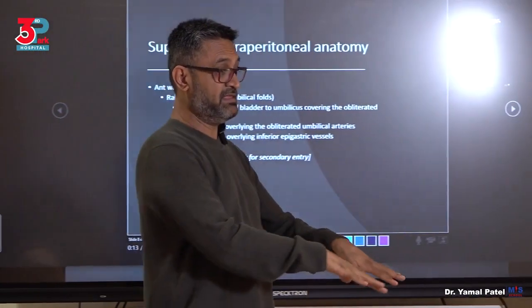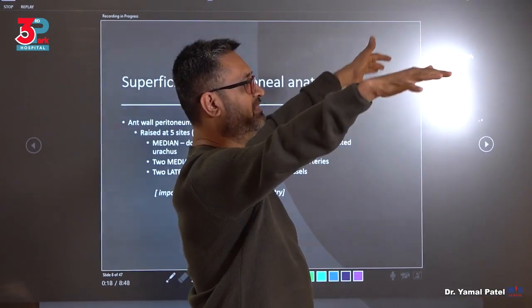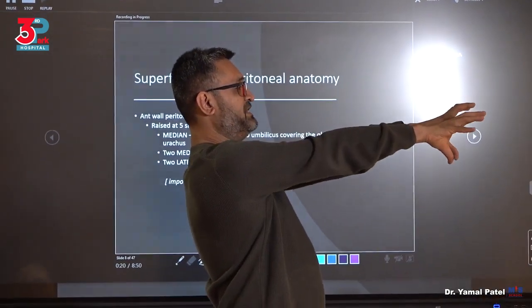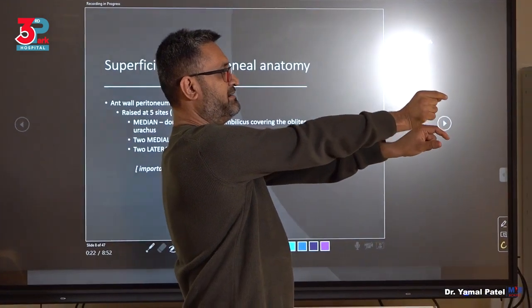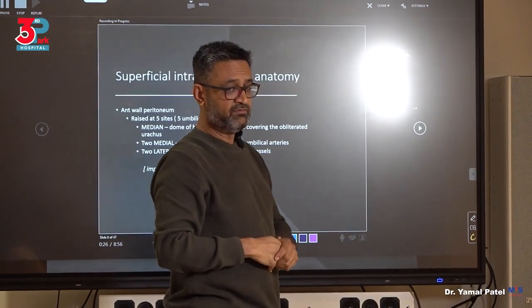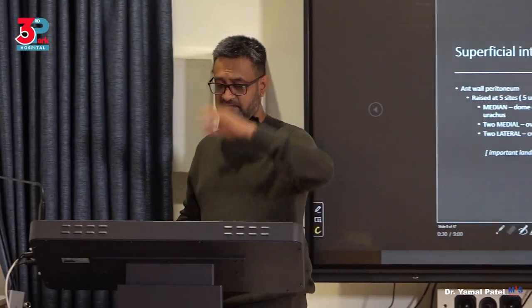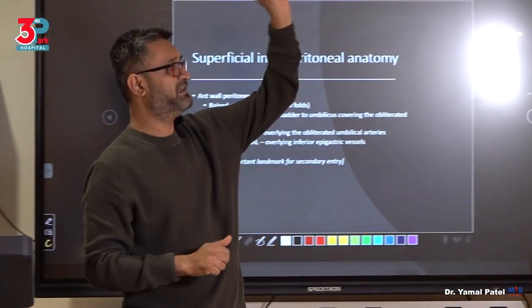So on the anterior wall, now I'm going in, I'm in the abdominal cavity, we have the anterior abdominal wall. On the anterior abdominal wall, we have the bladder in front there. From the bladder, you will see a band-like structure that comes up from the dome. It's called the urachus. The urachus in the early stages is presented that way.